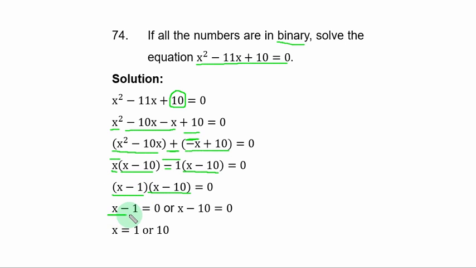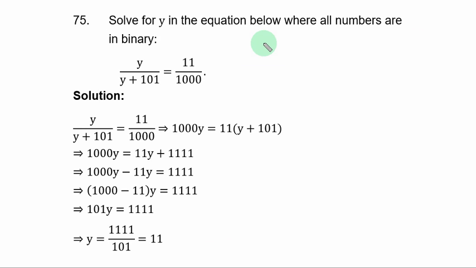That is s minus 1 equal to 0, or s minus 10 equal to 0. When you transfer the constant terms, minus 1 and minus 10 respectively, to the right hand side, you have s equal to 1 or 10. Of course, 1 and 0, they are in base 2.